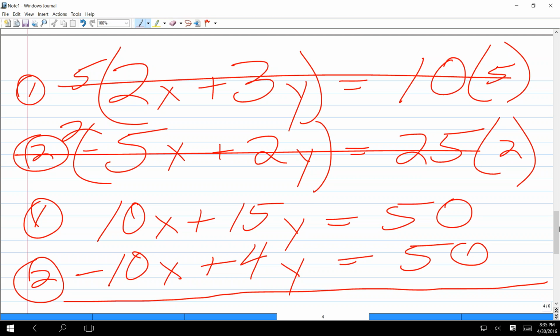In other words, my bottom equation 2 is the same as my top equation 2. It's just got bigger numbers, everything's multiplied by 2. So I'm going to choose the simplest one to solve for the other variable. And that's pretty much what we're going to do on any system of 2 equations and 2 variables.